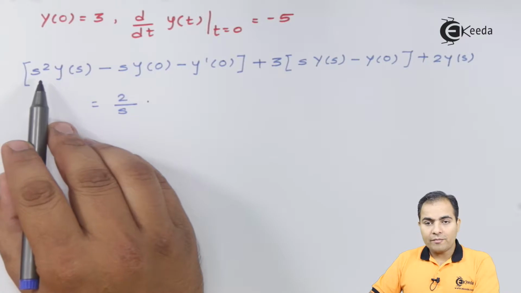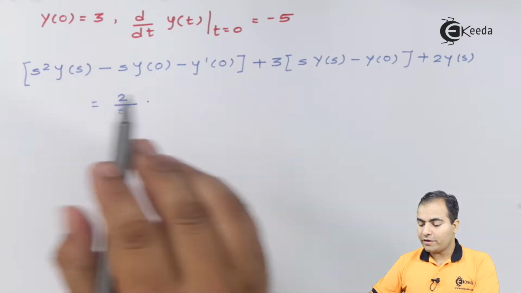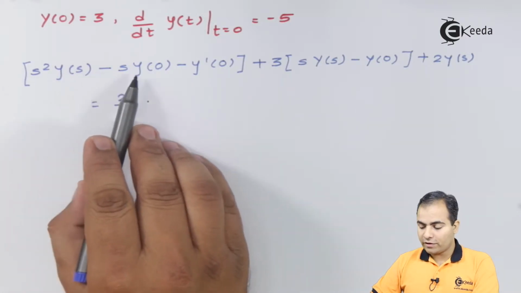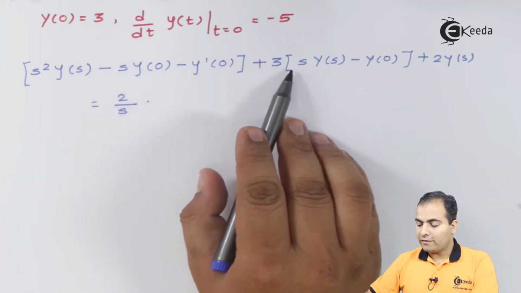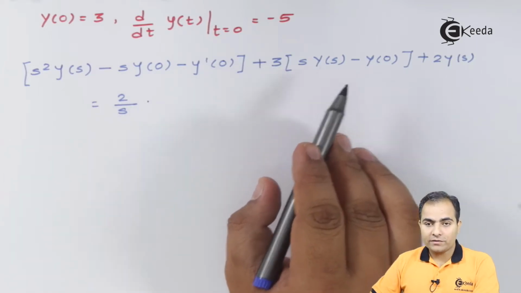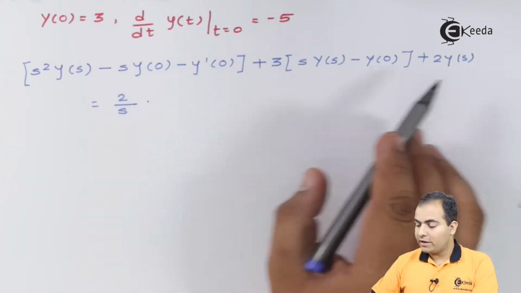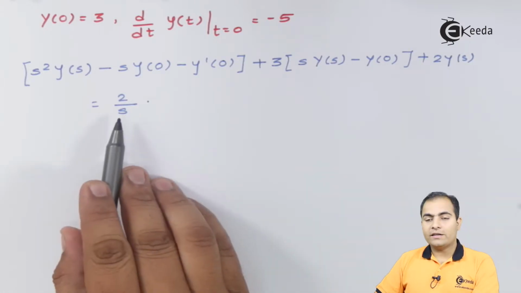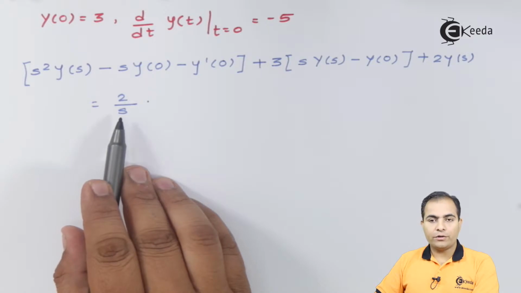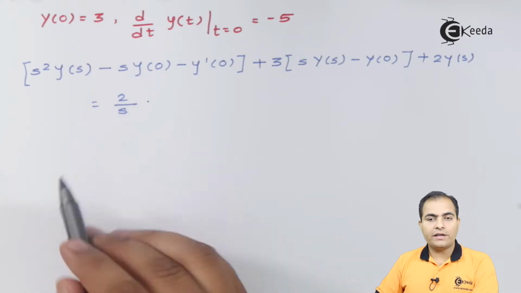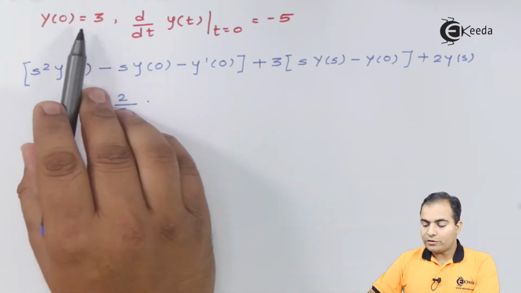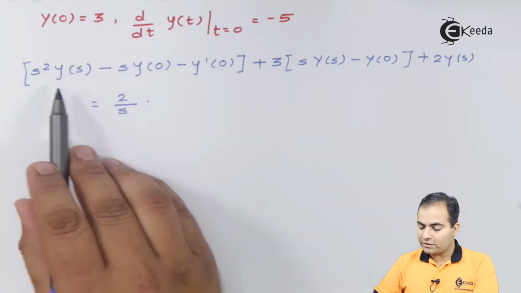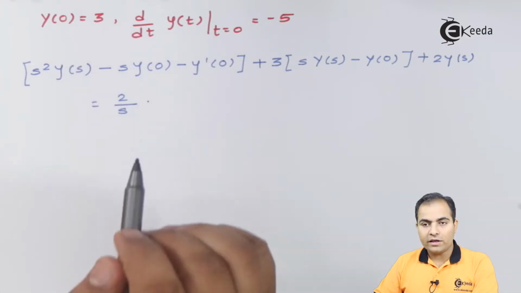This is the Laplace transform of the second order differentiation of y of t: s square y of s minus s y of 0 minus y dash of 0. Now this term is nothing but the Laplace transform of the first order differentiation of y of t, and at the end we have y of s, which is the Laplace transform of y of t, and at the end we have equal to 2 by s, and this term we have already calculated. Now I'm going to substitute the values of all the initial conditions in the above given equation.